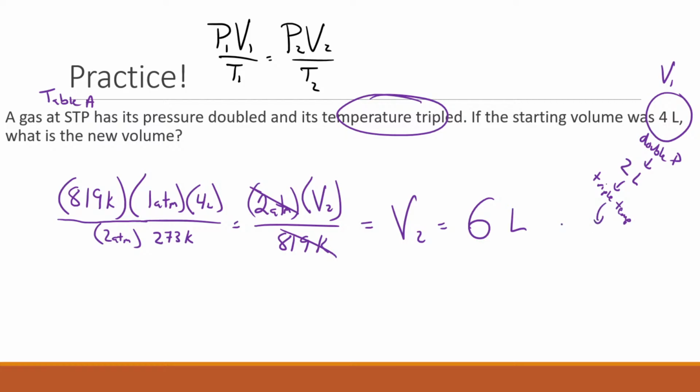When one triples, the other triples. That's our relationship between temperature and volume. And I'm going to arrive at 6 liters this way as well. There are multiple ways of approaching this problem, but both ways are going to get you to 6 liters.